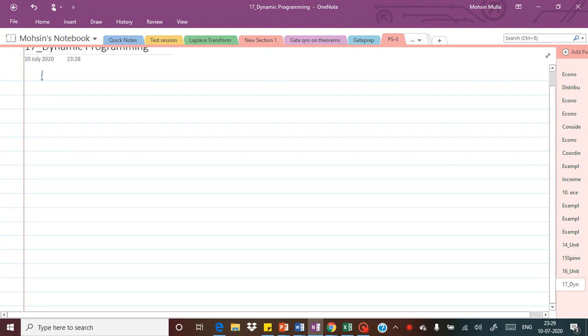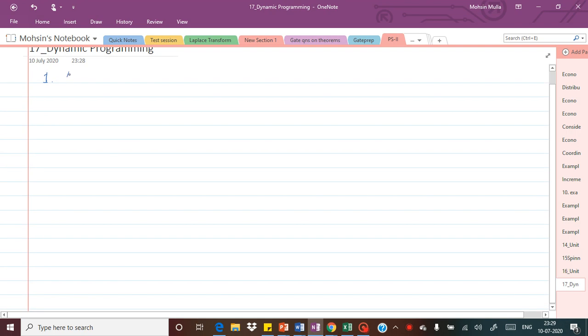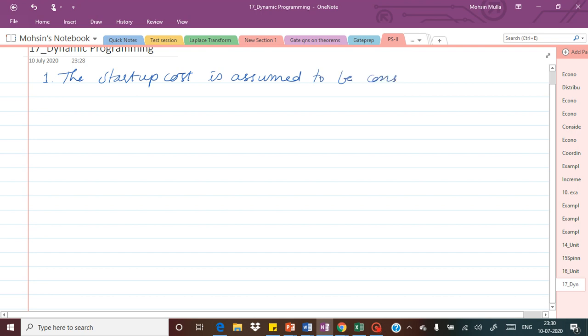First of all, whatever cost is incurred during startup, that startup cost is assumed to be constant. Then the second point to be considered is that while shutting down a unit, whatever cost is incurred needs to be considered as zero.